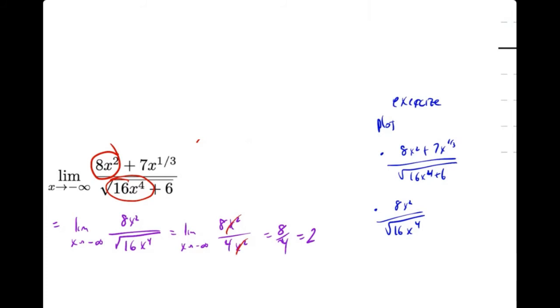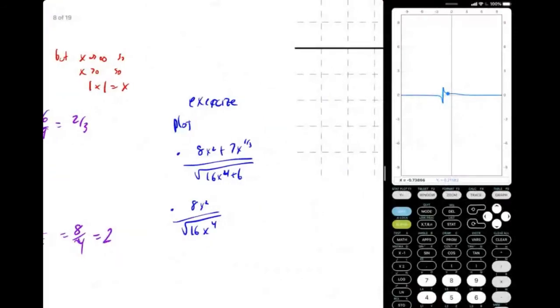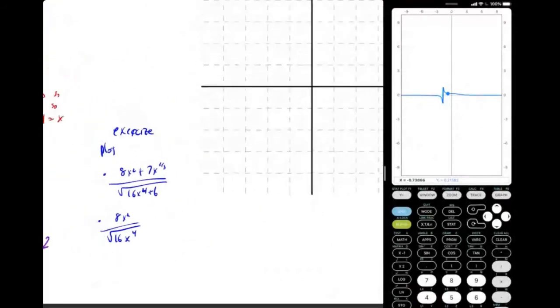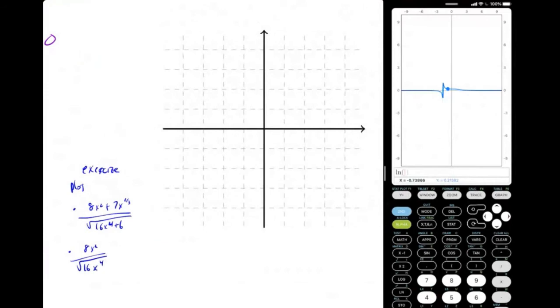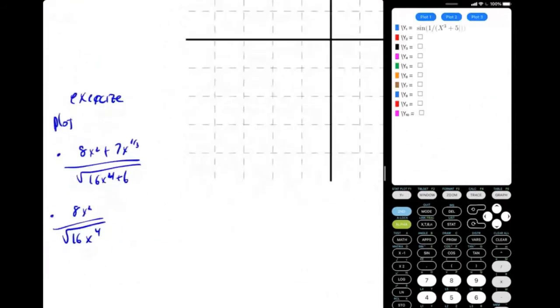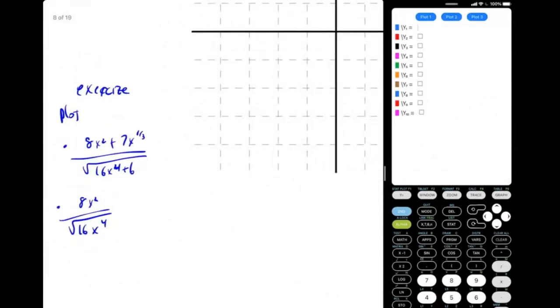You got a calculator? I do. And I hope that you would do this along with me. Ooh, I have axes. So y equals, I don't think that's big enough. Y equals clear. Open paren, 8x squared plus 7x to the 1/3. Go right a few times.